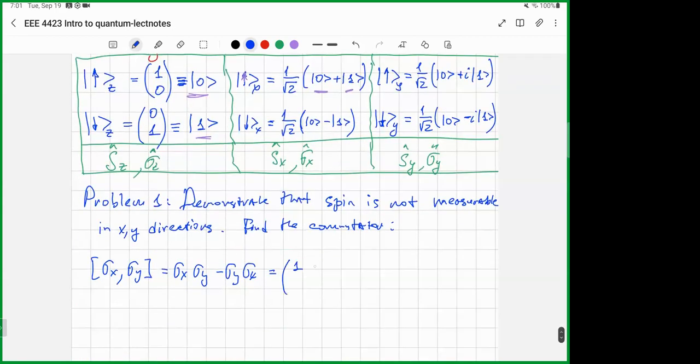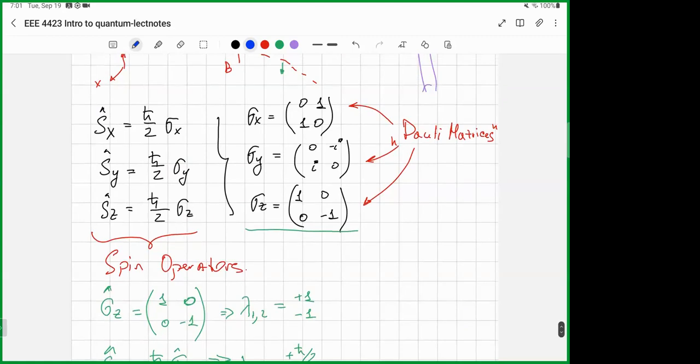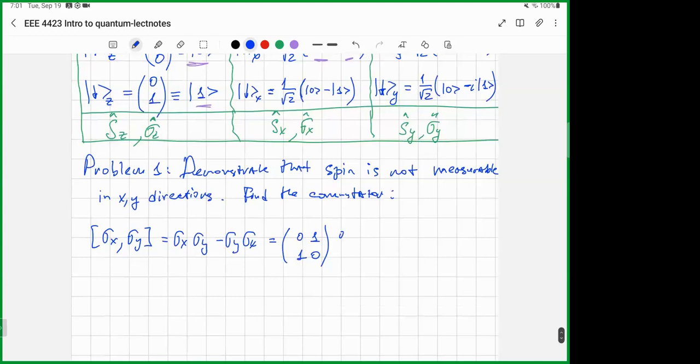And for the matrix y, it is 0, minus I, I, 0. And the same in reverse order: 0, minus I, I, 0, then 0, 1, 1, 0.